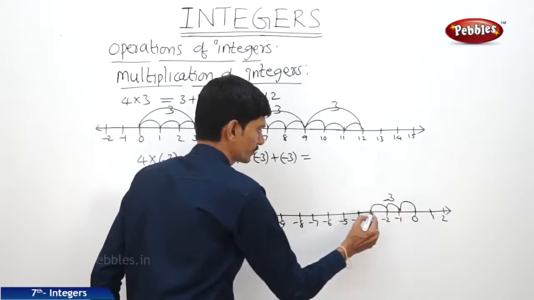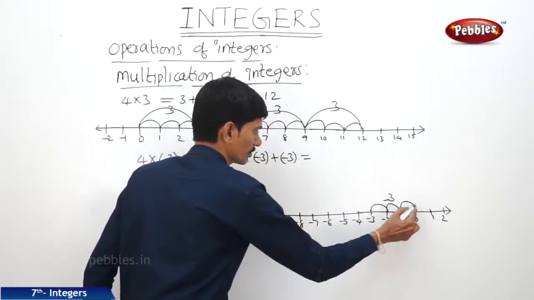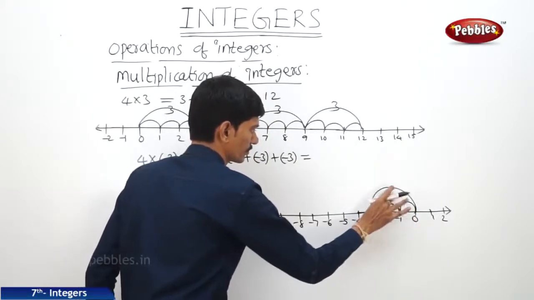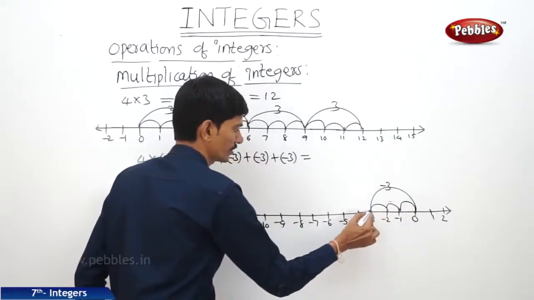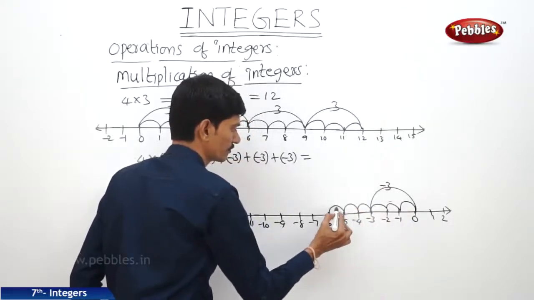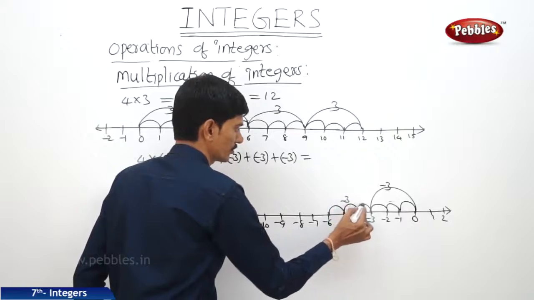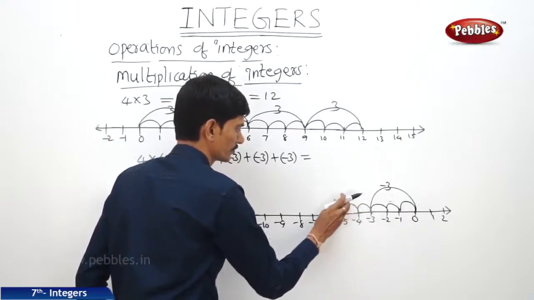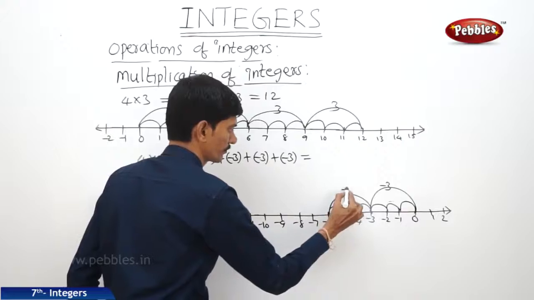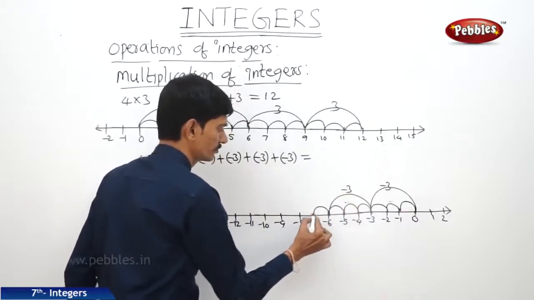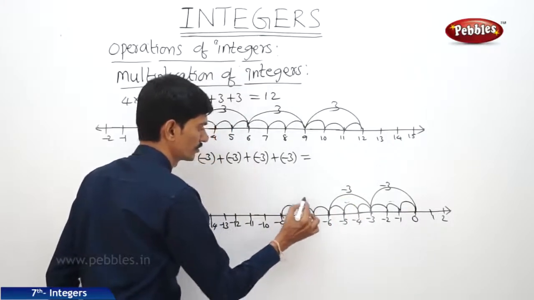So this is the first jump. Again we will take minus 3, 1, 2, 3. This is minus 3. So this is the second jump. So 1, 2, 3.